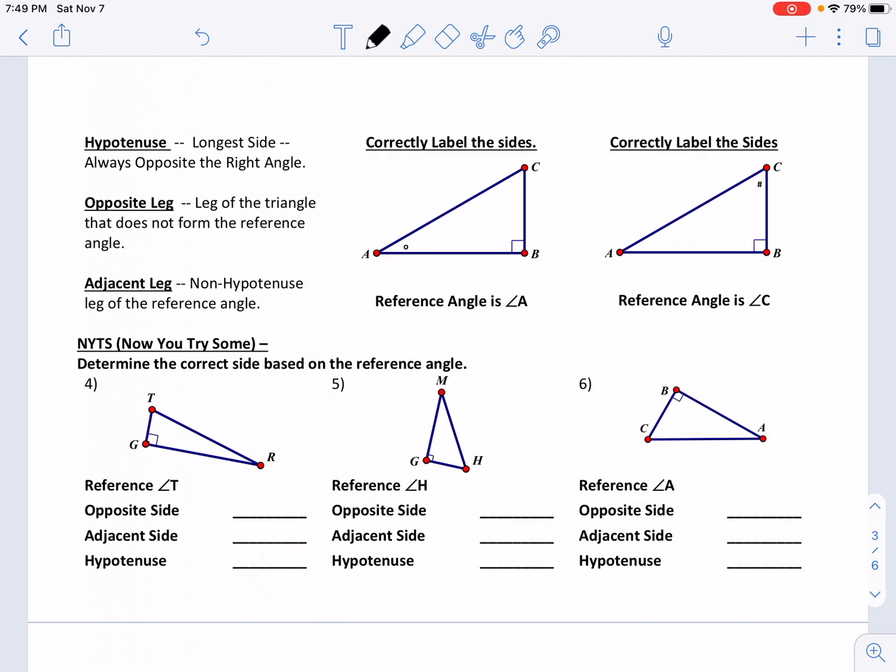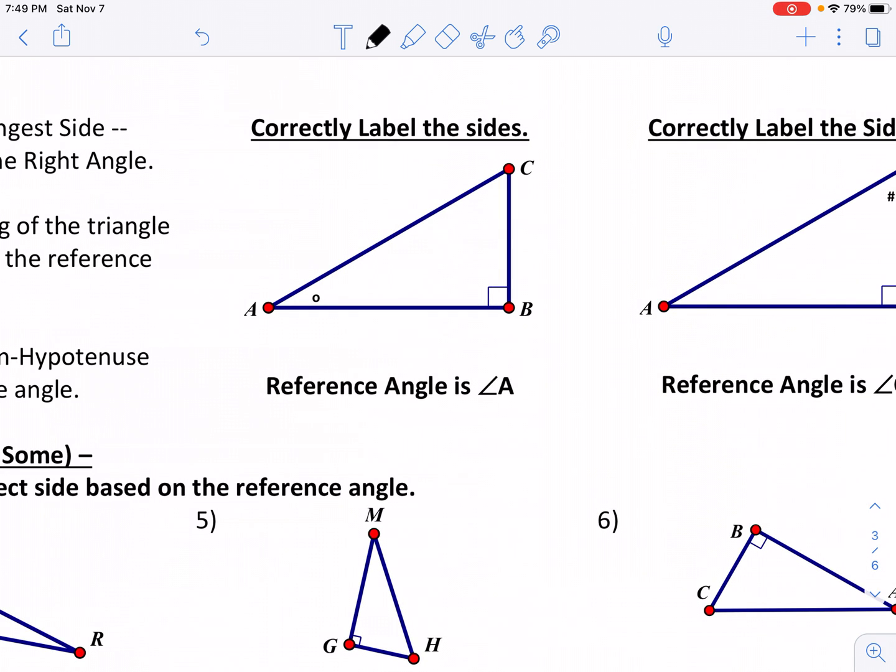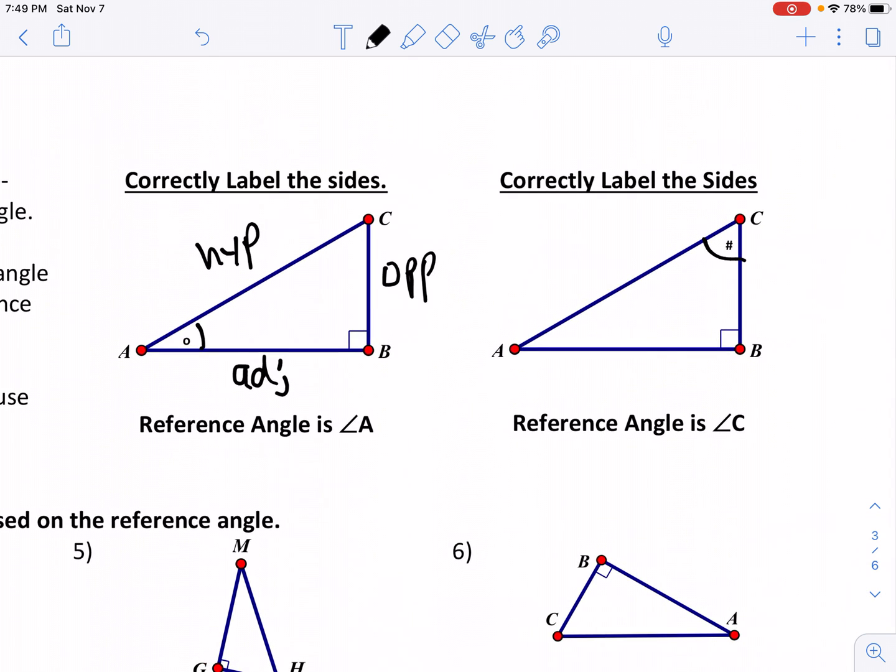Now, we just talked about how the hypotenuse is the longest side, and it's always opposite the right angle. And then we talked about the opposite leg and the adjacent leg, and that's based on the reference angle. So in this case, if this is our reference angle, this would be the hypotenuse. The side opposite would be BC. And the side adjacent that helps form our angle would be AB. Then if this is our reference angle, this is still our hypotenuse, but the side opposite would now be AB.